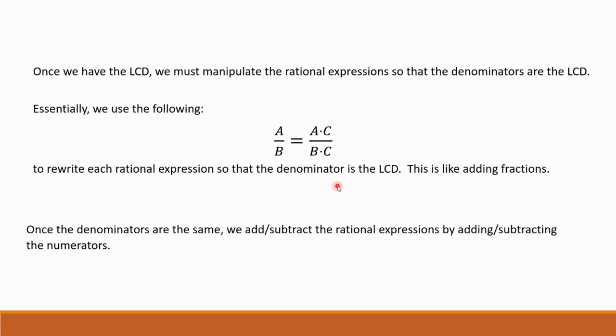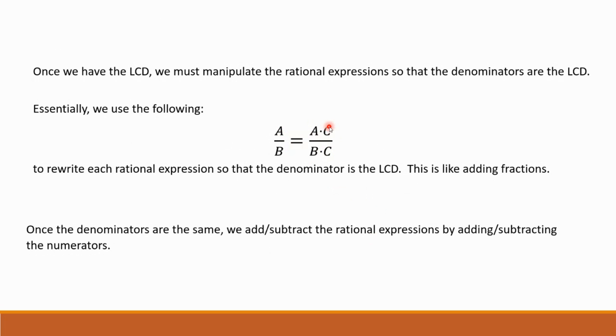And just like when we're dealing with fractions of integers, right? To manipulate, you multiply top and bottom by the same number. You want to keep everything algebraically the same. So you can't just multiply the bottom by something and do nothing to the top. You have to keep everything algebraically equivalent, excuse me.